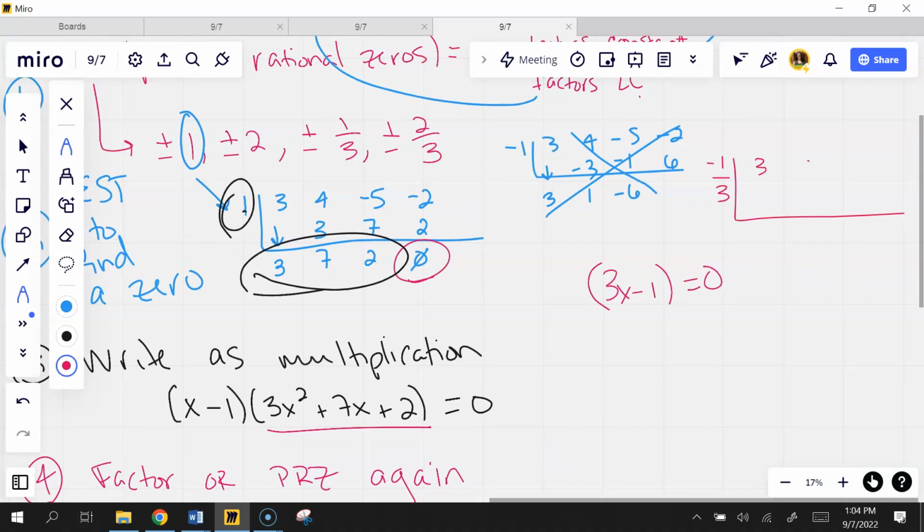If I did this, what's negative 1/3 times 3? Negative 1/3 times 3. Negative 1/3 times negative 6. He was just saying he didn't understand how 1/3 would work if you divided.